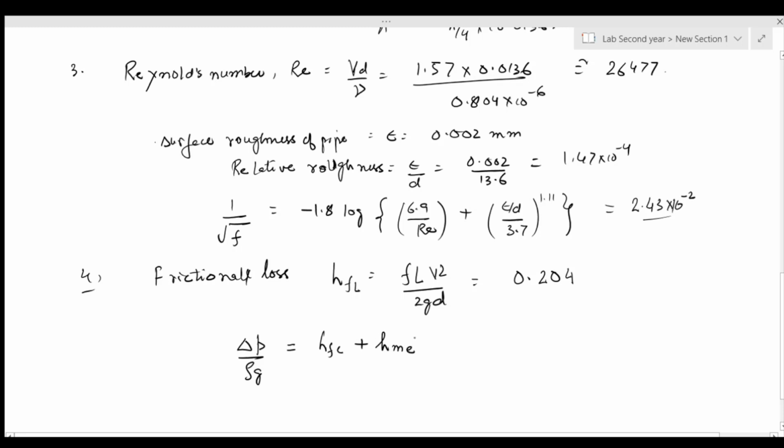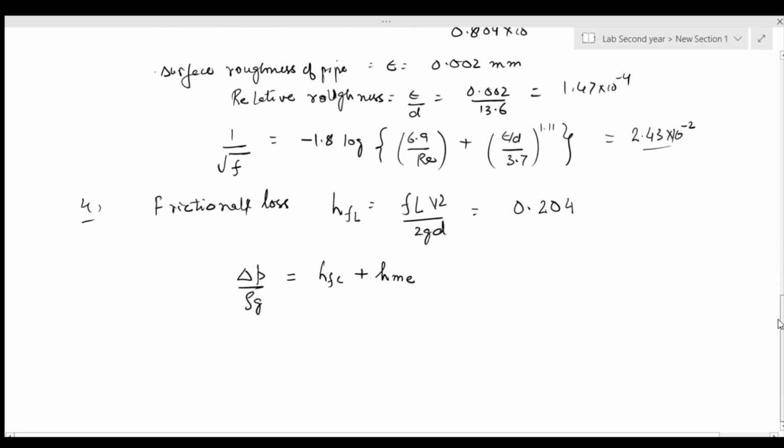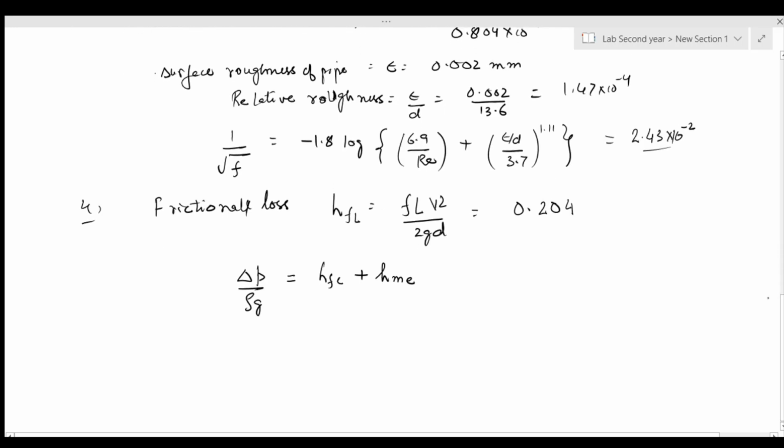Minor loss due to easy bend. That's why this E is there. Now let's take one of the readings. So let's say for the easy bend where radius is 50 millimeter, my del P by rho g is given to me as 0.240.